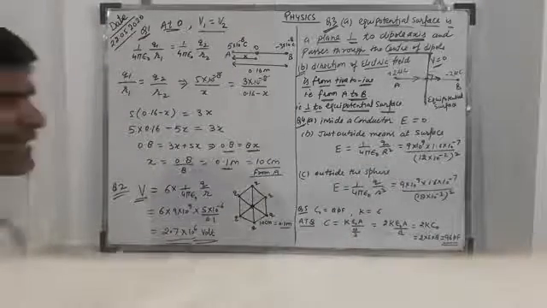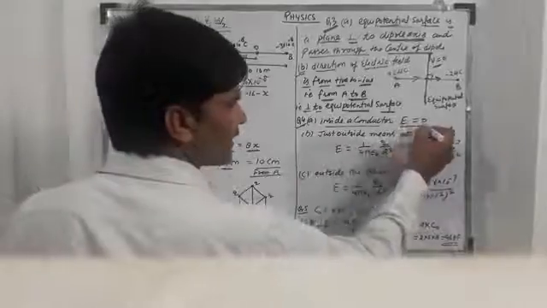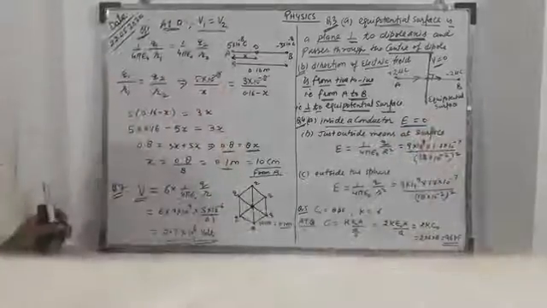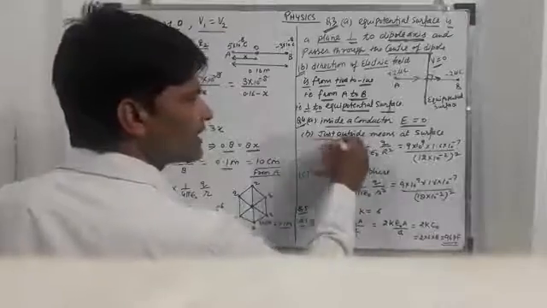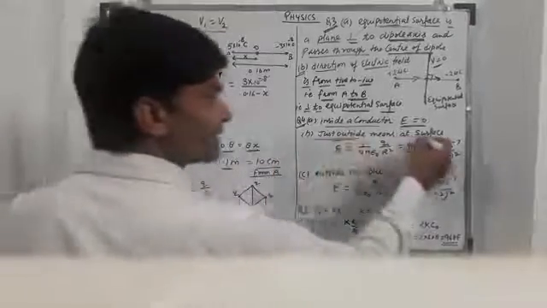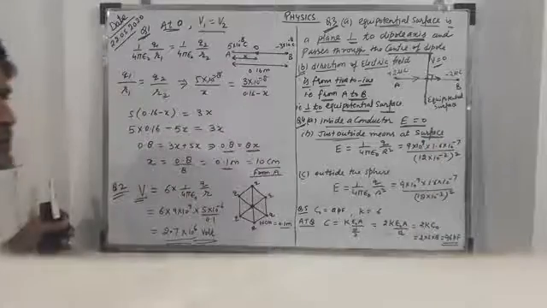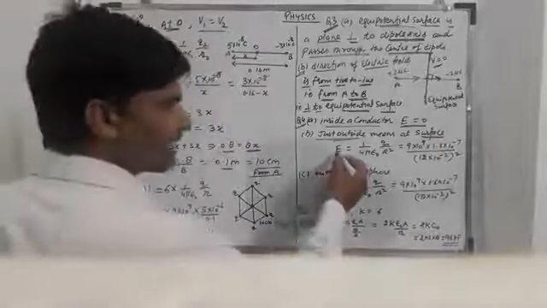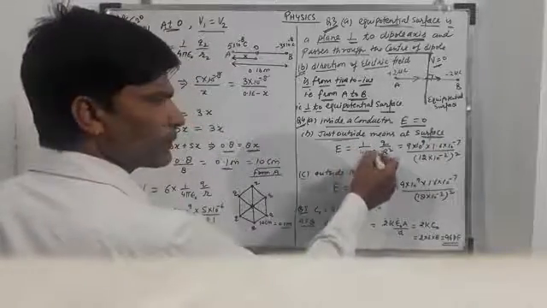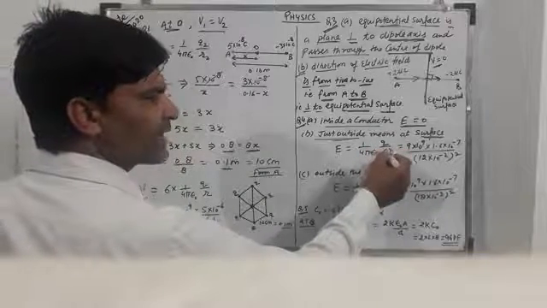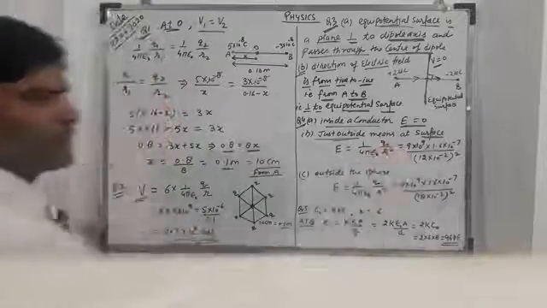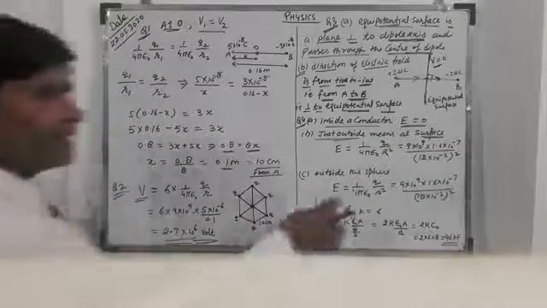As you know, inside a conductor the electric field is 0. For just outside, meaning at the surface of the sphere, the formula is E is equal to 1 upon 4 pi epsilon naught Q upon R square. R is the radius of the sphere and this is given in the question.